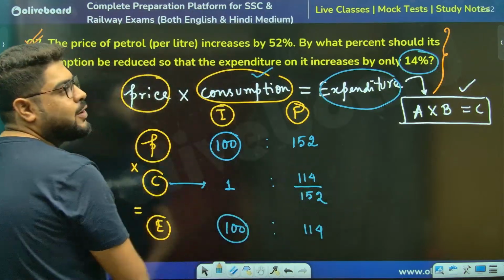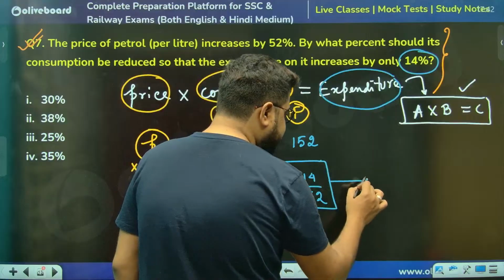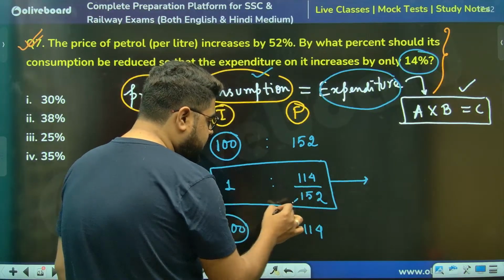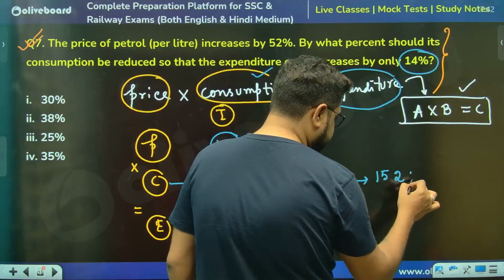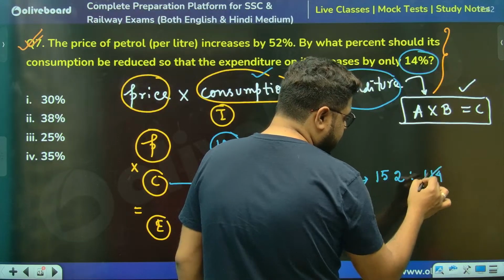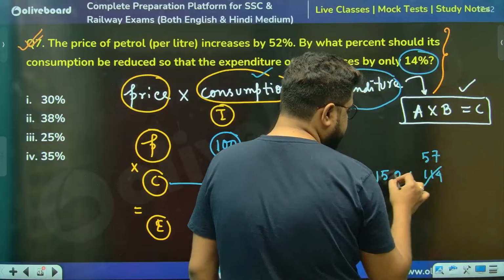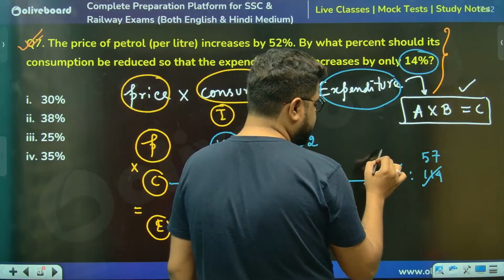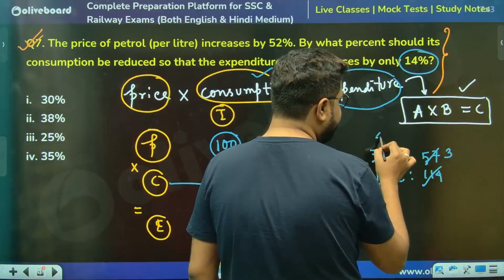Now do your calculation. This is my consumption ratio. So 152 will go that side, so my ratio becomes 114 by 152. If I do this, this is 57. If I do this, this is 76. So 19 threes are this, 19 fours are this.